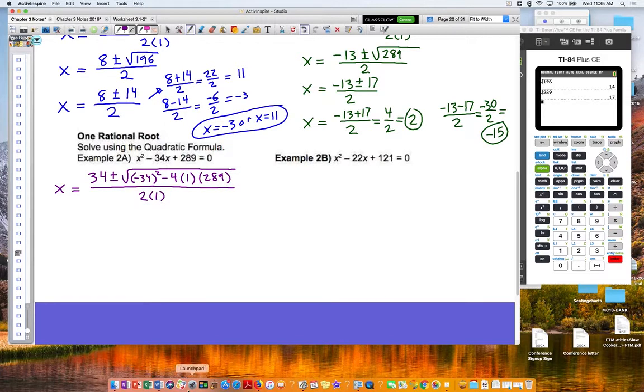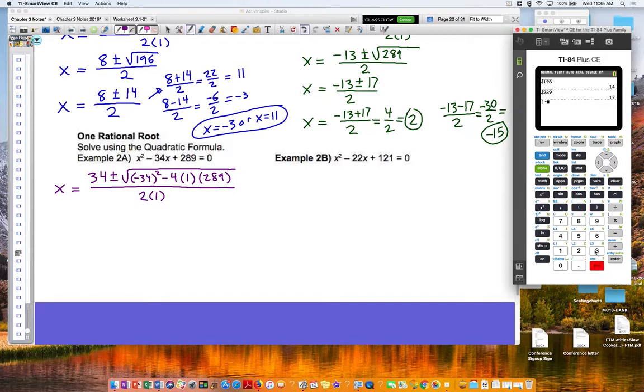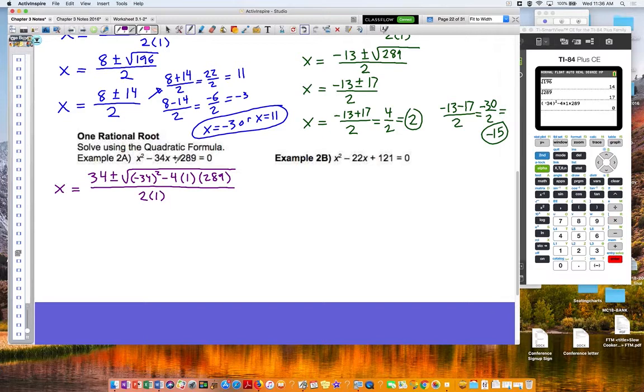So over here on my calculator, in parentheses, negative 34 squared. In fact, what I can do is I can go minus 4 times 1 times 289. So long as I follow my signs, they'll tell me that that actually equals 0.